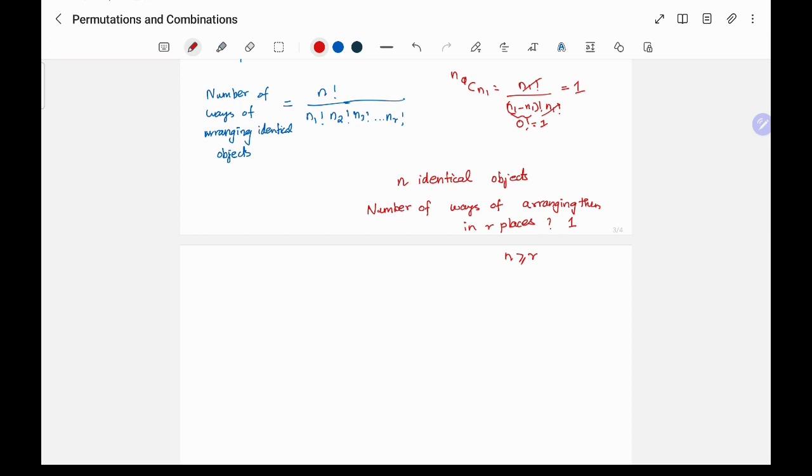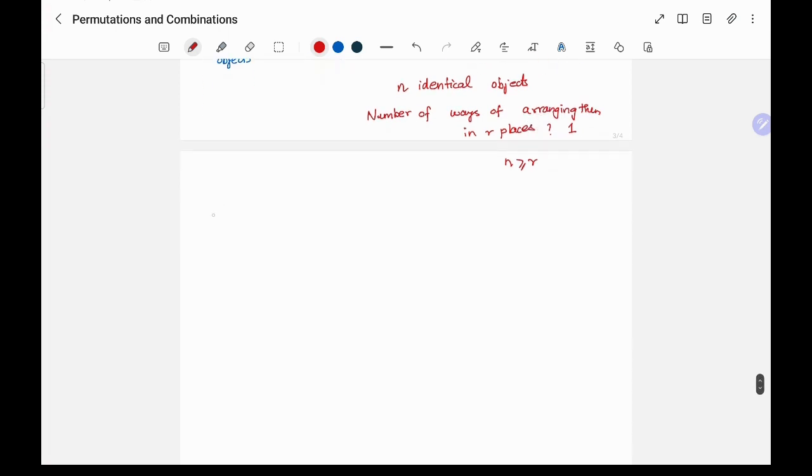Next, if you see selection, so number of ways of selecting 0 or more things out of k identical things. So how much is it?